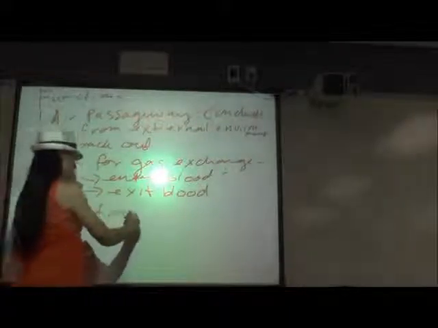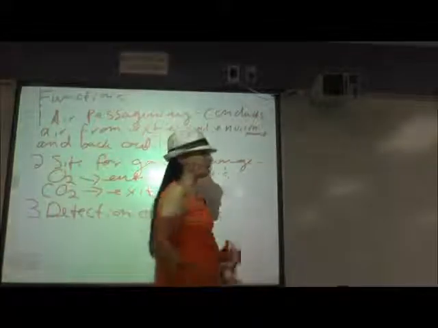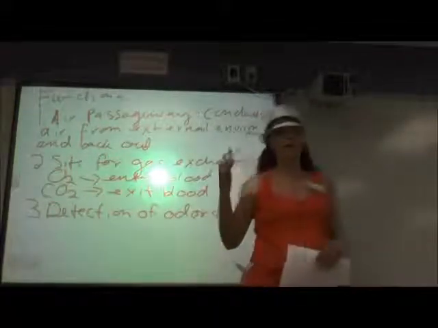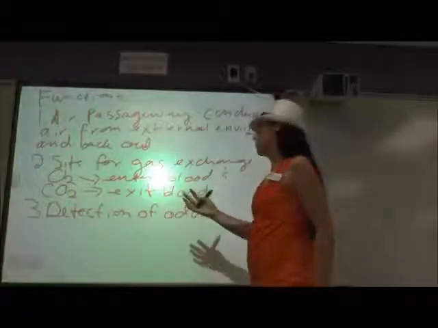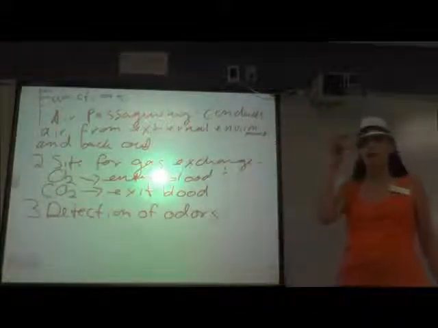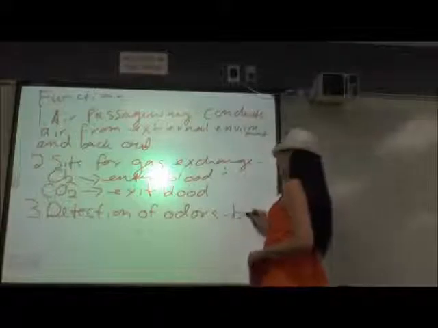Some other secondary functions are that it helps with the detection of odors. So as you're smelling something, if you're really trying to smell something, you'll sniff it up to your superior nasal concha where we have that olfactory epithelium. It brings in our odorant molecules, suspends them in mucus because our olfactory receptors are chemoreceptors.